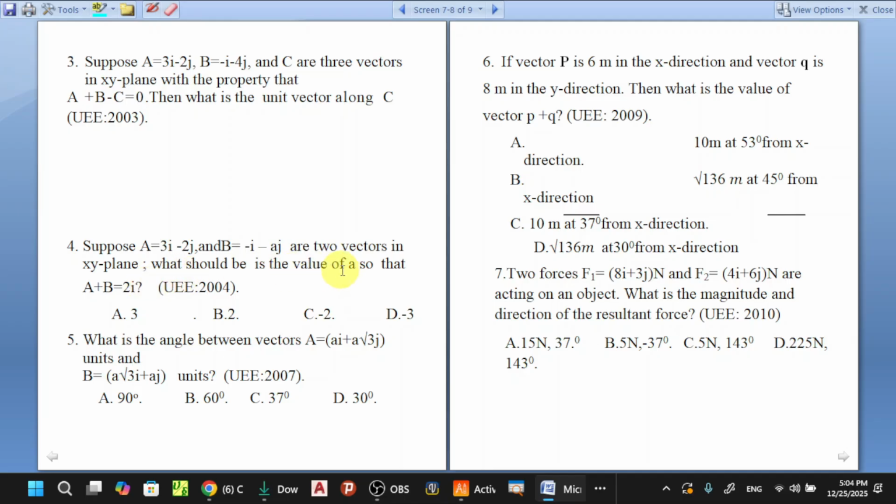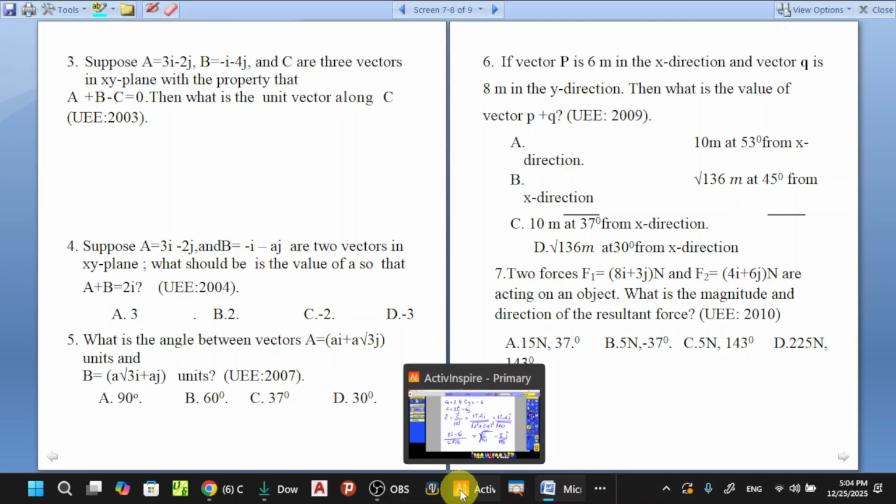What should be the value of A, this a right here, so that A plus B is equal to 2i? What does A plus B is equal to 2i mean? There is no dimension in the j direction. So when you add up A and B, the dimension in the y direction is 0. That simply means the j component of this A plus B is 0. Let me solve it for you.